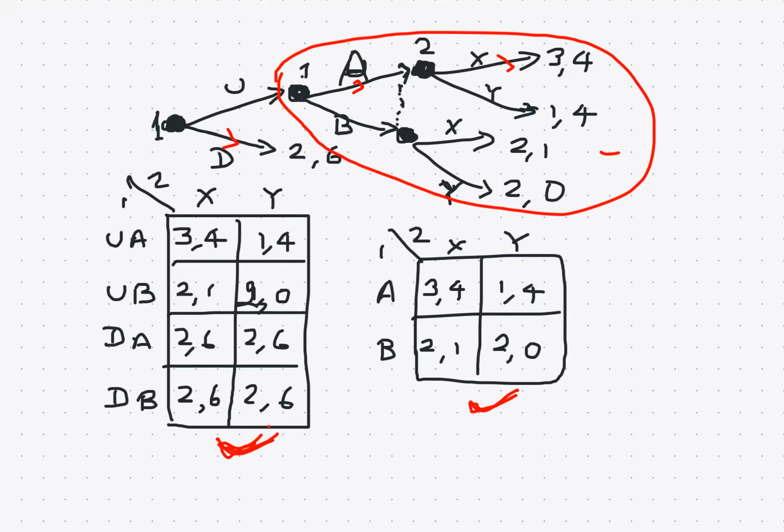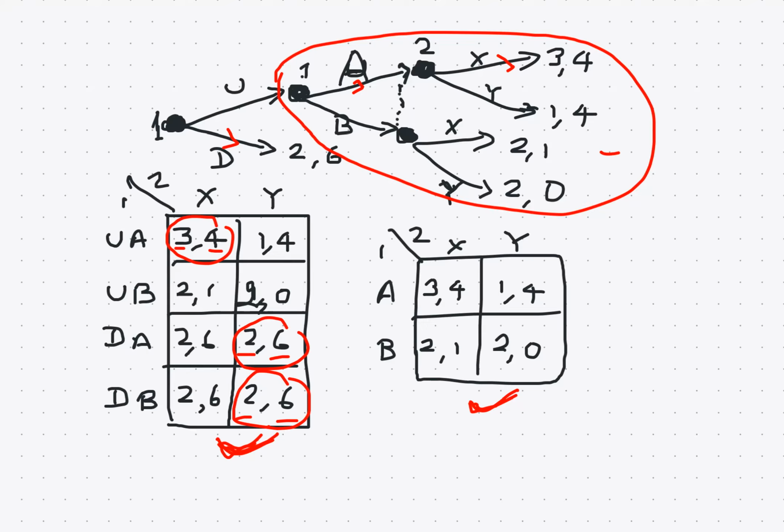In this game, if you want to find the pure strategy Nash equilibrium, here we have 3 of them. We have UAX, then we have DAY, and then DBY. So we have 3 pure strategy Nash equilibria in this game. But not all of these strategy profiles are subgame perfect.